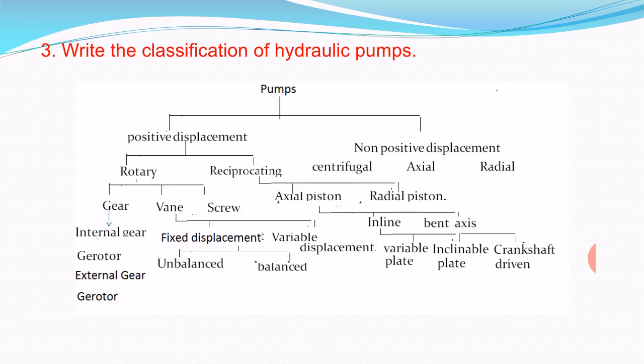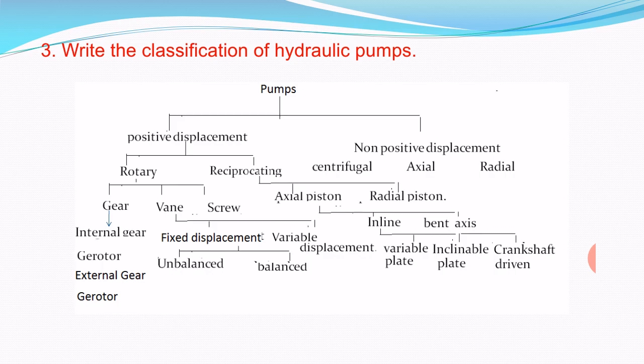Under positive displacement we again have rotary and reciprocating. In rotary there are three types: gear pump, vane pump and screw pump. In the gear type we have internal gear, gerotor, and external gear types. Then the vane type may be of two types: fixed displacement and variable displacement. Under fixed displacement, there are unbalanced and balanced pumps.